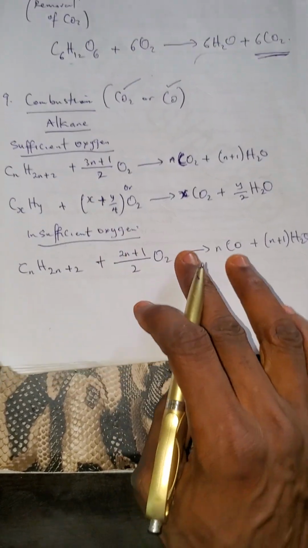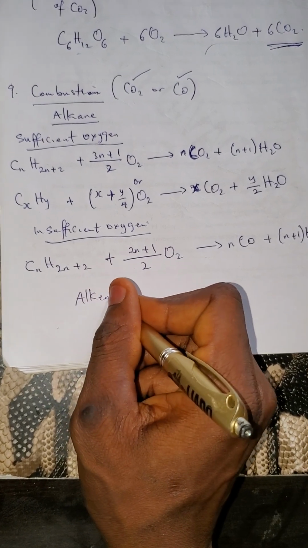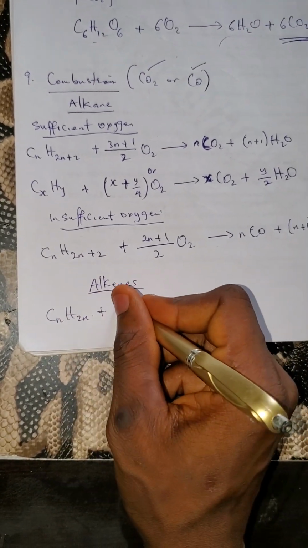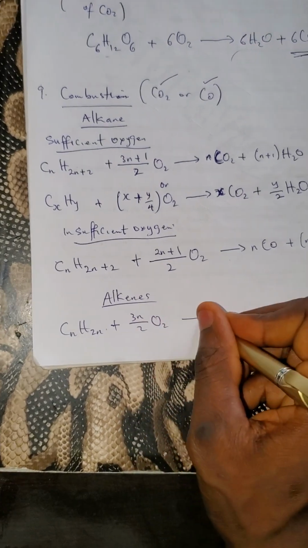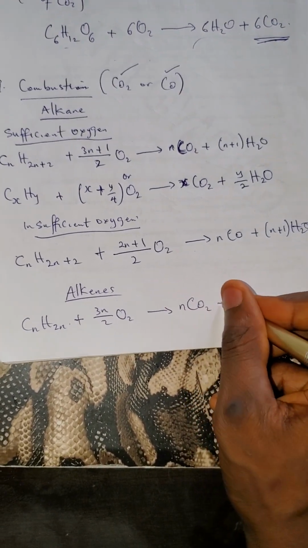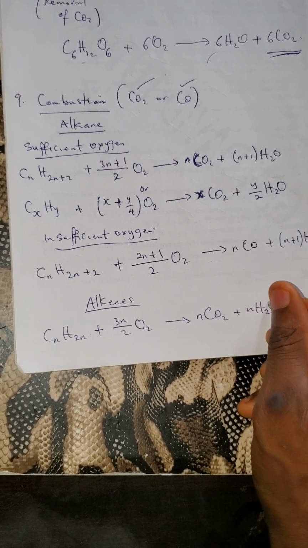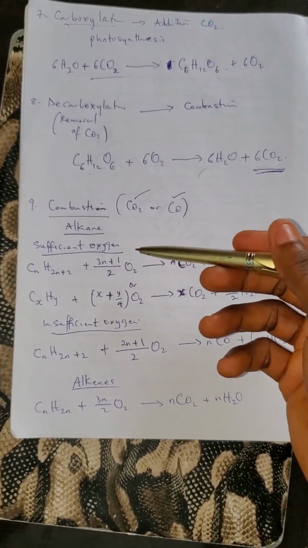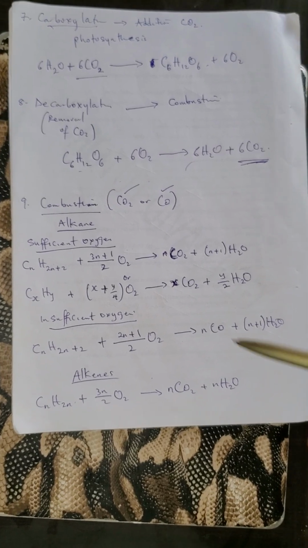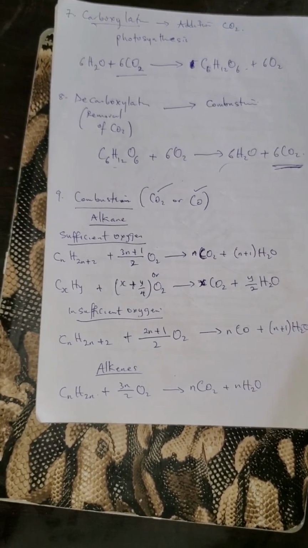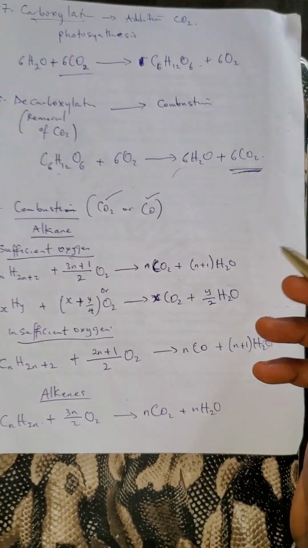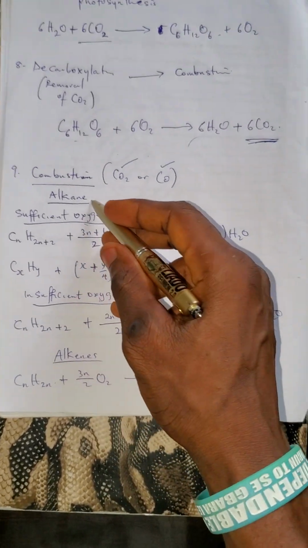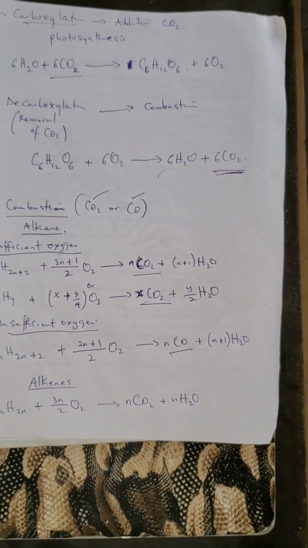But for alkene, we have the formula to be CnH2n plus 3n/2 O2 to give us nCO2 plus nH2O. Let us consider one example of this alkane and one example of this alkene in order to prove the formulas correct. Don't forget, this one is for sufficient oxygen, that's why it gives us CO2. But this one is for insufficient oxygen, that's why it gives us CO, that's carbon monoxide.